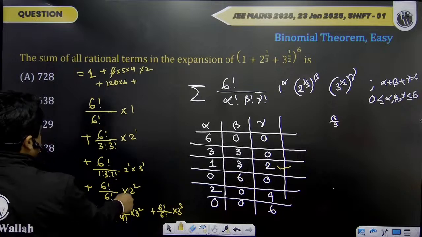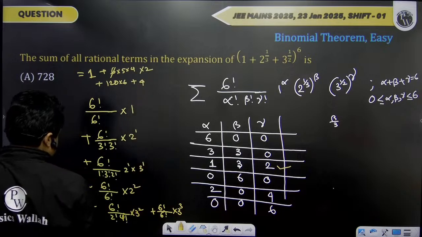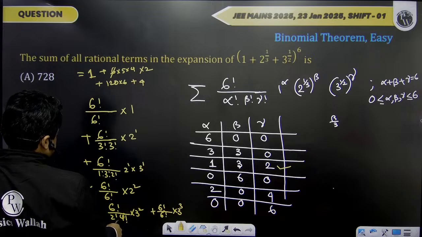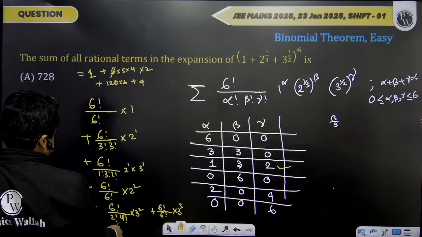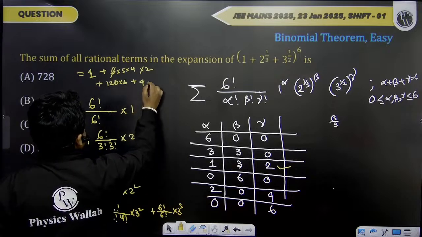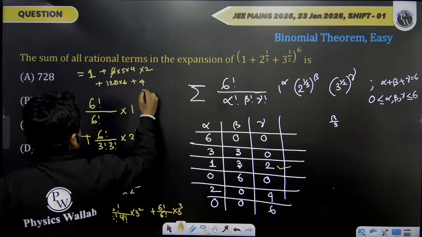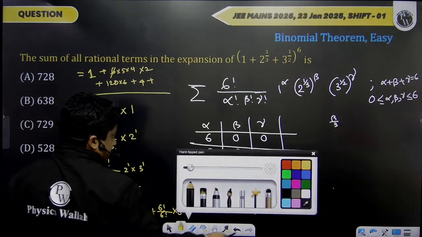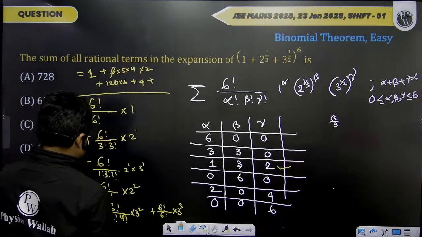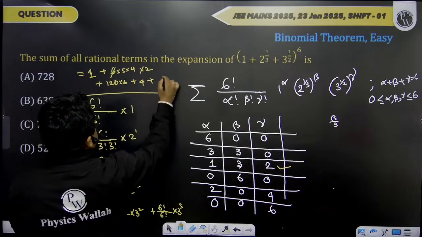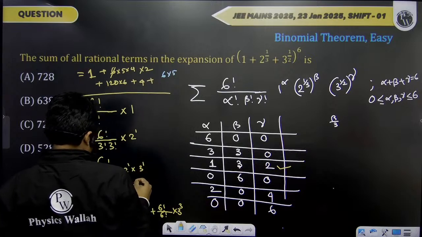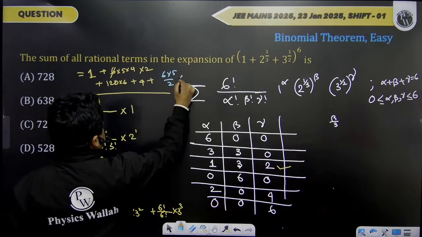And this will be plus 4, and this will be 6 factorial by 2, 4 factorial, 6 into 5 upon 2 into 9.